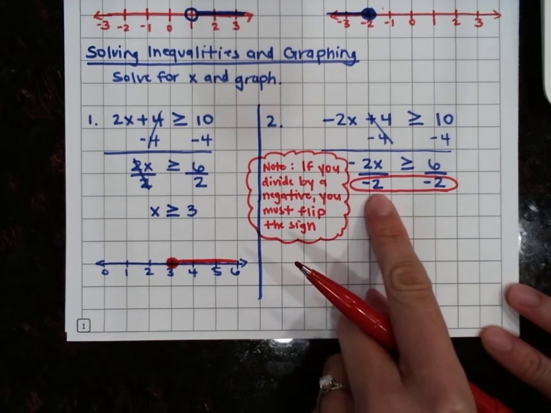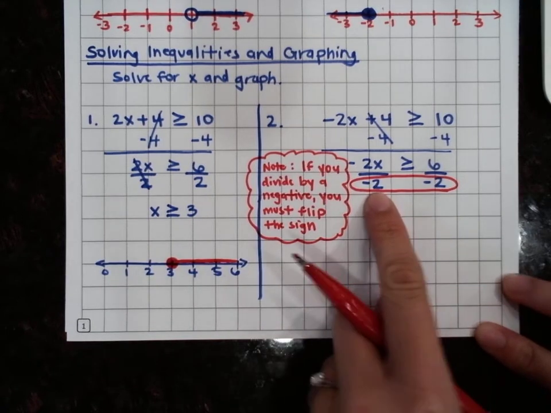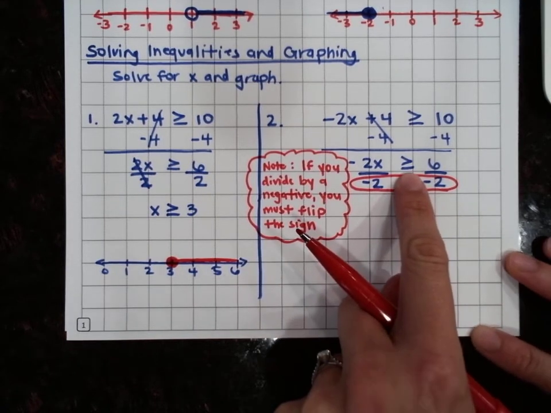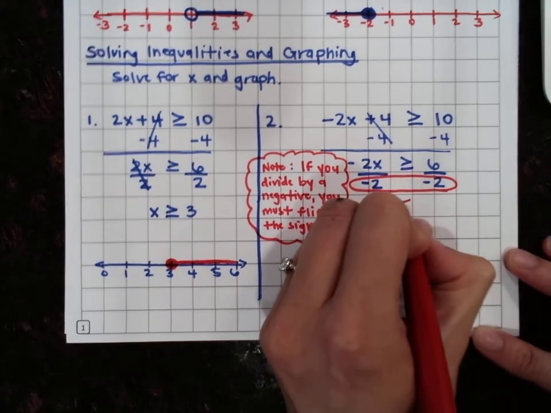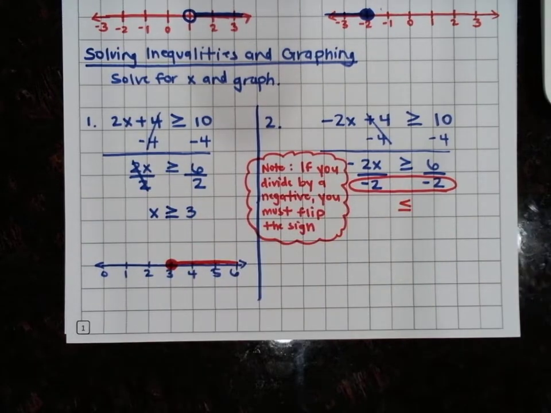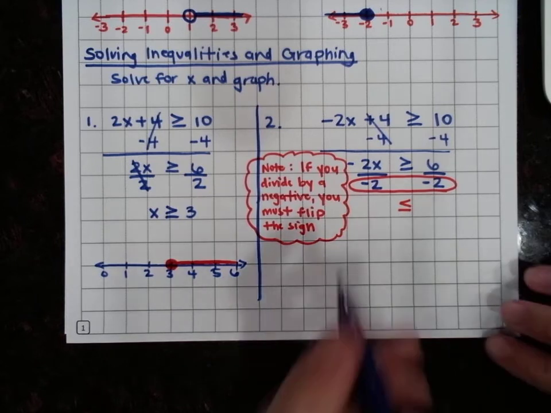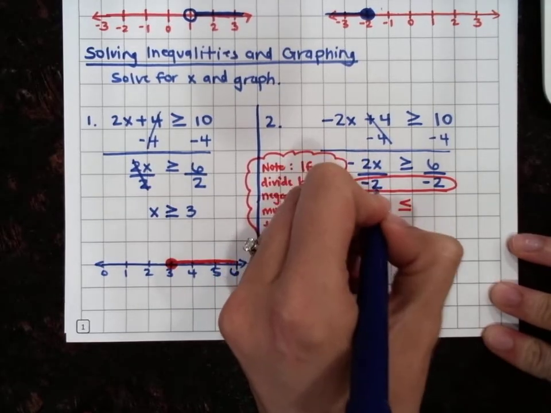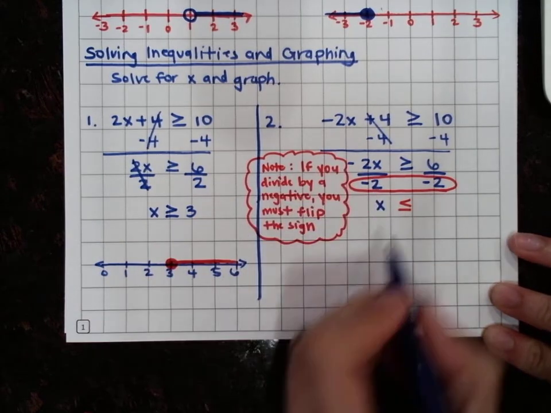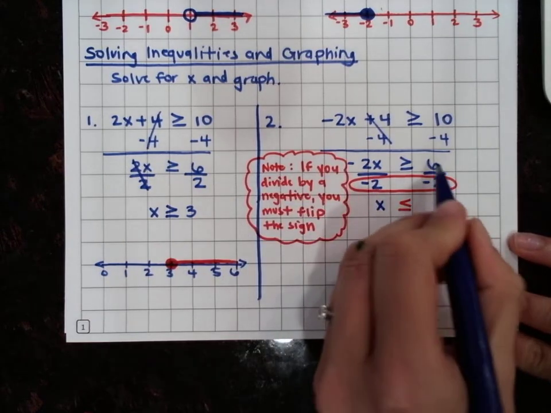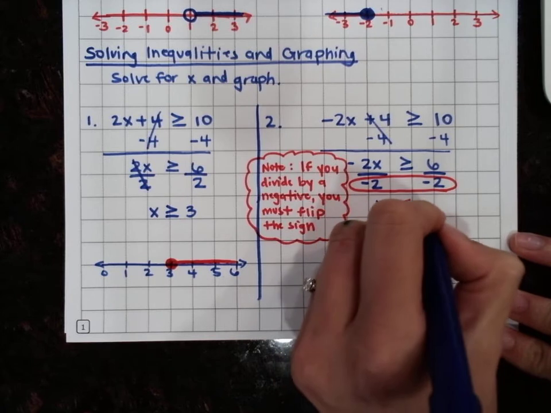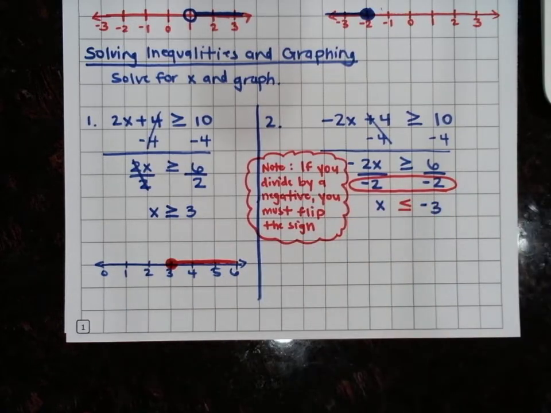See how we divided by a negative 2? So our inequality is going to flip from a greater than or equal to, and now it's going to become a less than or equal to. And everything else stays the same. The negative 2's canceled out, so we're left with x is less than or equal to 6 divided by negative 2, which is negative 3.